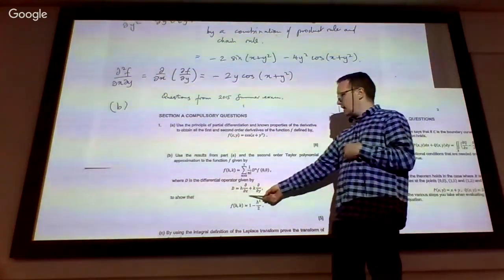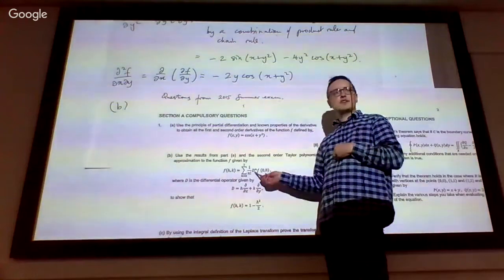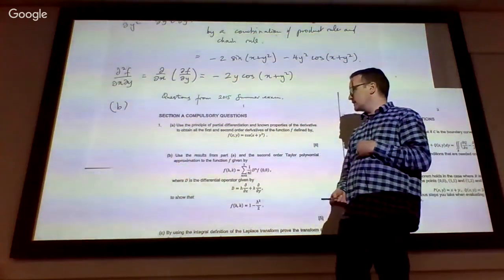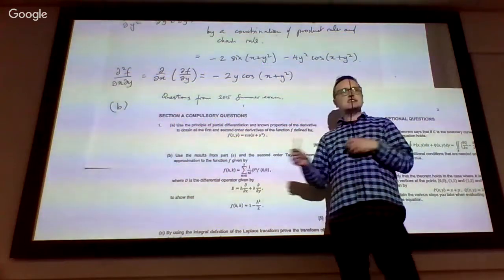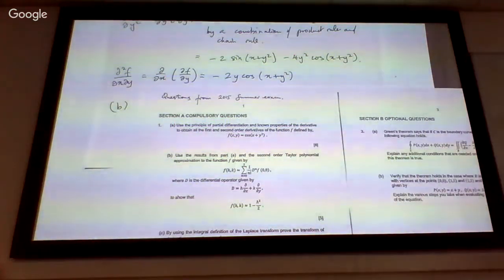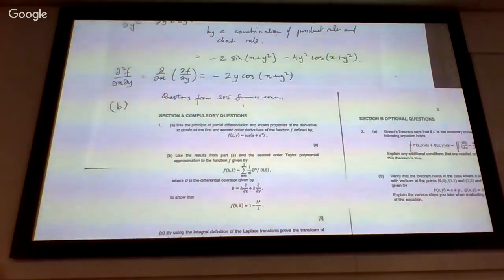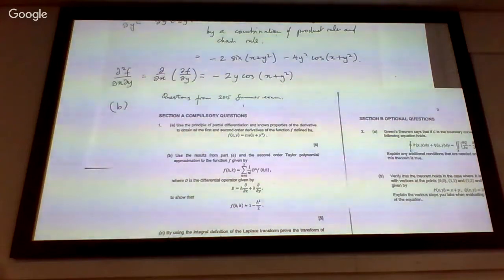And we're reminded here of the expression for the differential operator capital D. Okay, it's h d dx plus k d dy, where h and k are respectively the small variations in the variables x and y off the origin. Okay, and we're given the final answer, so if we reach that, we can be fairly confident that we've worked correctly.